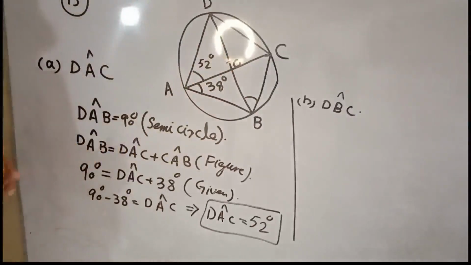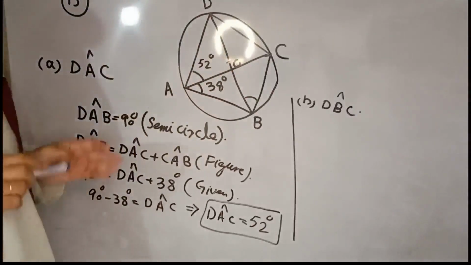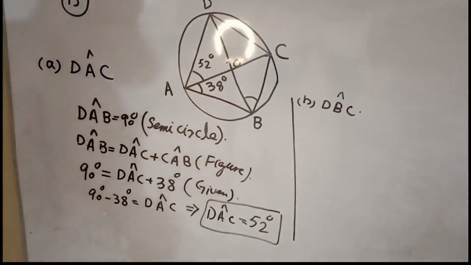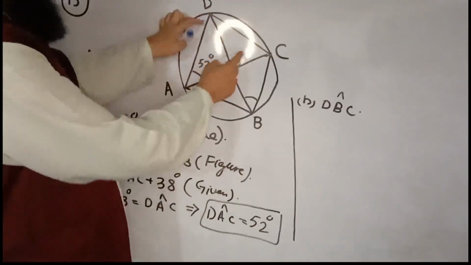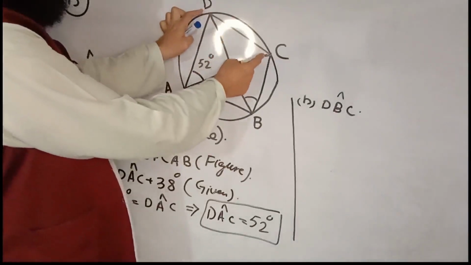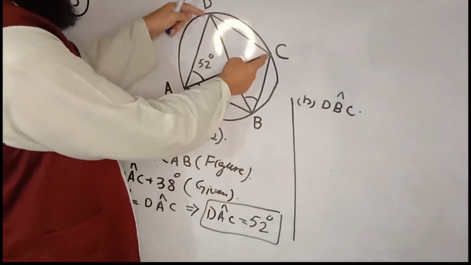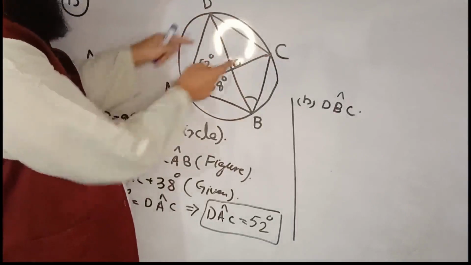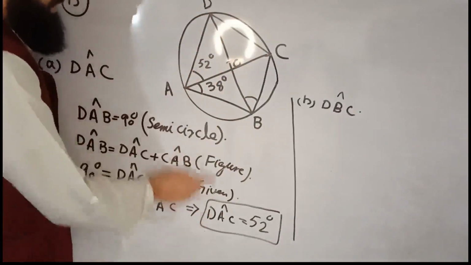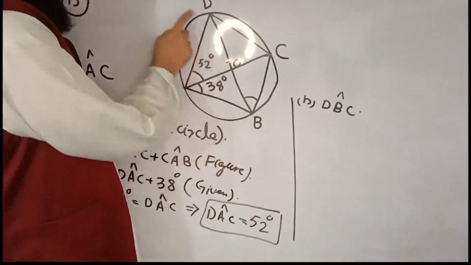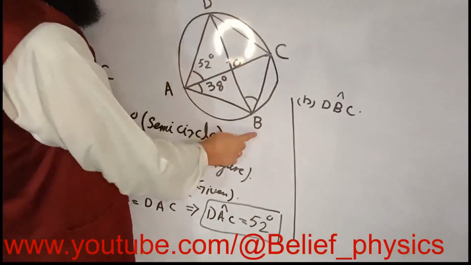Now, angles subtended by an arc in the same segment are always equal. So any angle in this segment by DC will be 52 degrees, will be the same. Now this angle DAC is subtended by DC, and it comes out to be 52 degrees. DBC is also subtended by DC in the same segment.